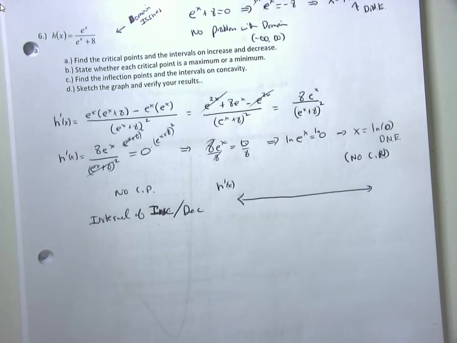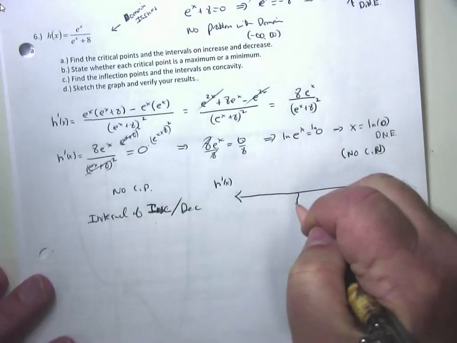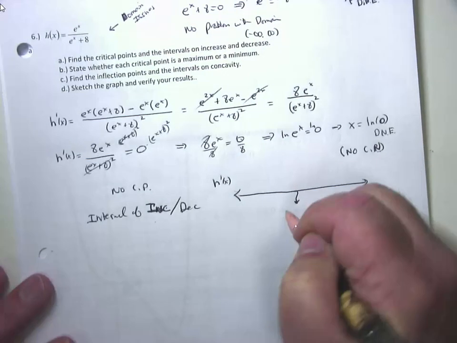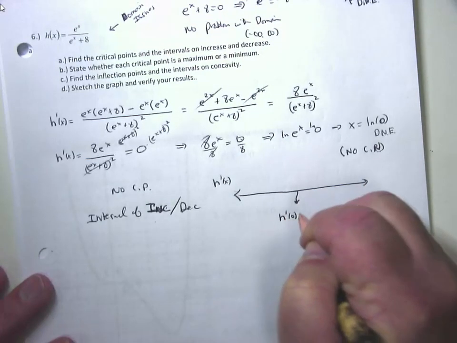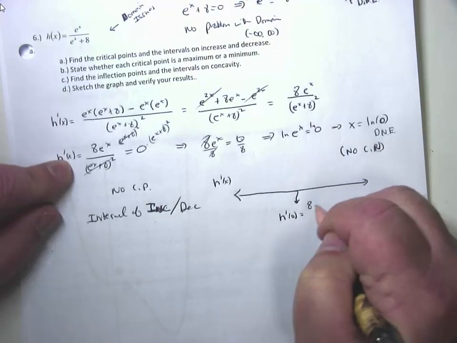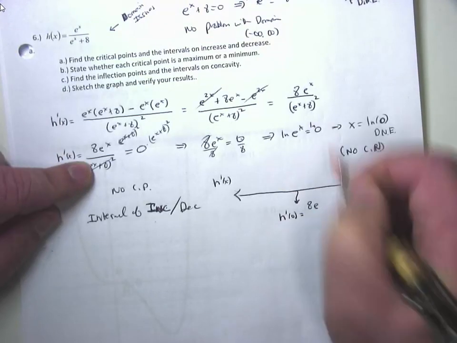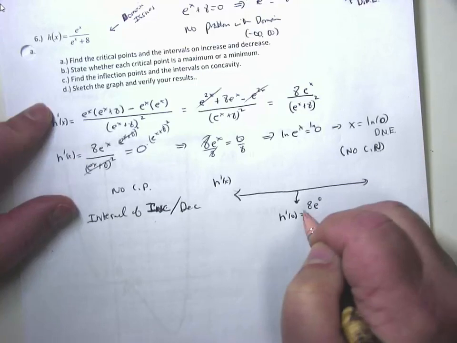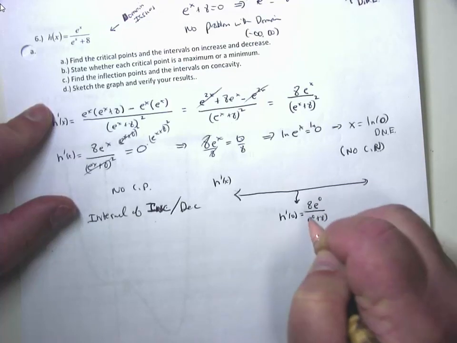So pick any number. Use your brain. Pick any number on this number line and plug it into your derivative. I choose 0 because I actually have a brain. So that'll be h prime of 0, which would be what? H prime, which is 8e to the 0 divided by e to the 0 plus 8 squared.